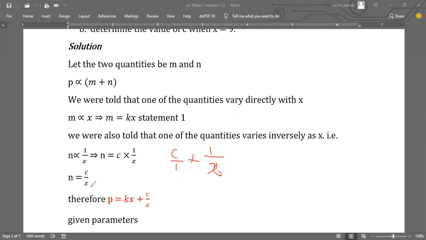Now remember, when it comes to partial variation, it is the sum, the sum.